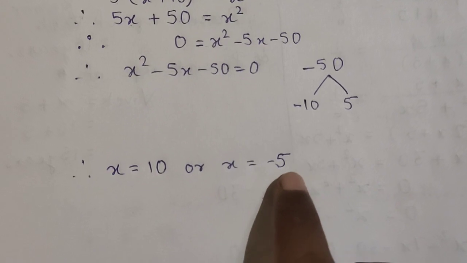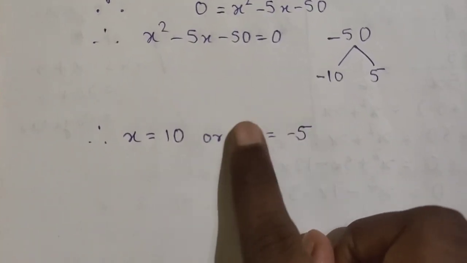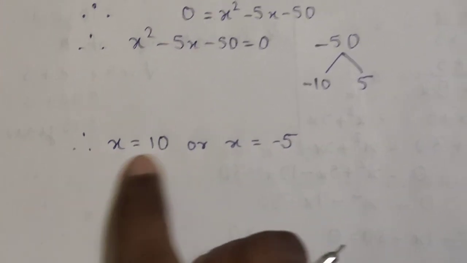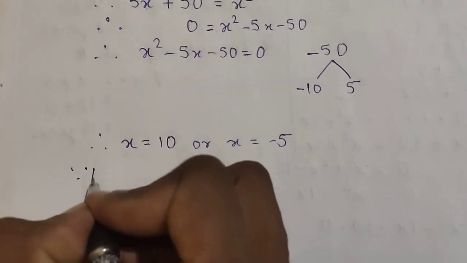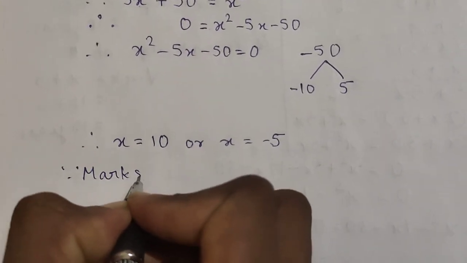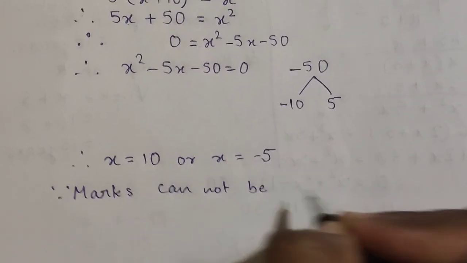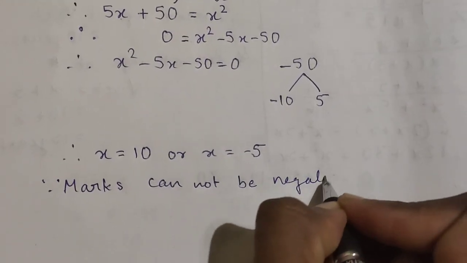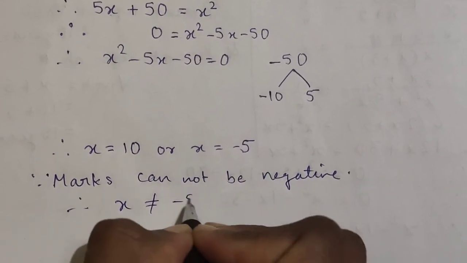Now you can see your marks cannot be negative, so this is excluded, so you are having x is equal to 10. So let us write, since marks cannot be negative, therefore you can neglect your minus 5.